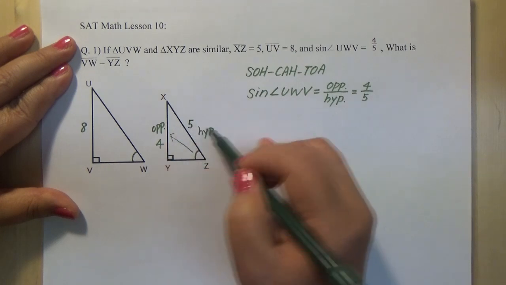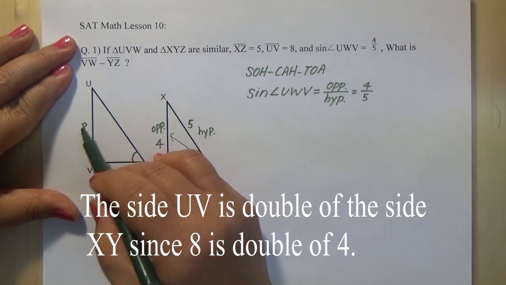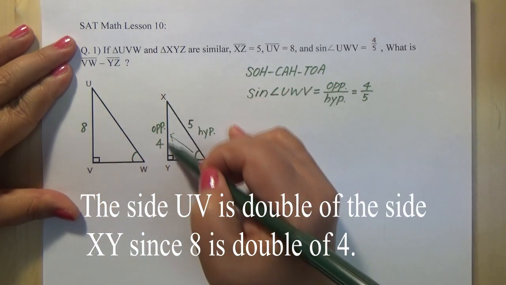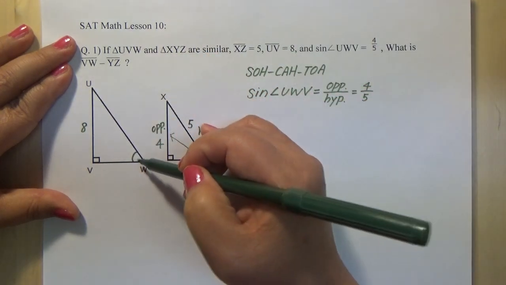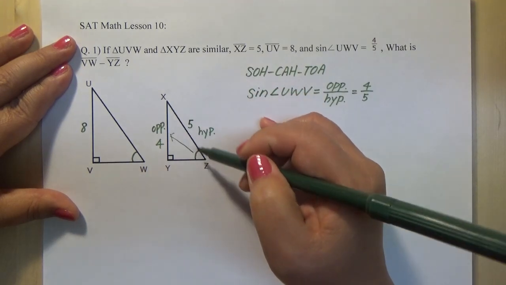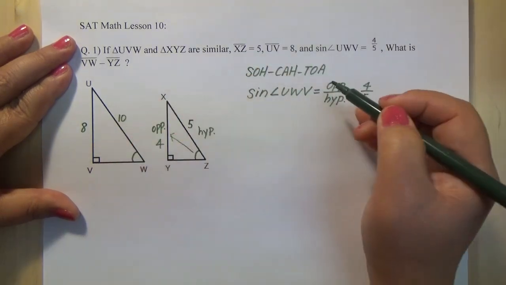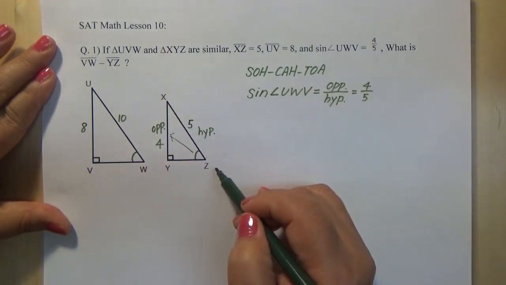So this is the ratio. So we can say this side is double this side. So obviously this side is double this side. So that is why 2 times 5 is 10. This is 10. And now we have to find VW and YZ.